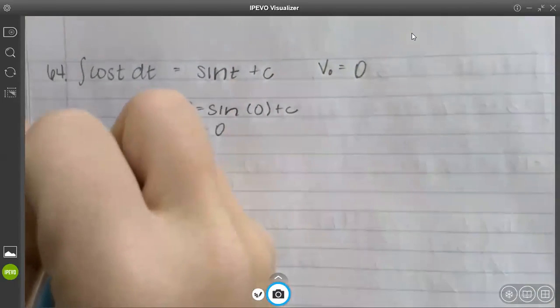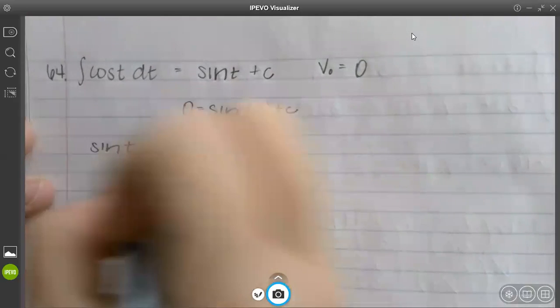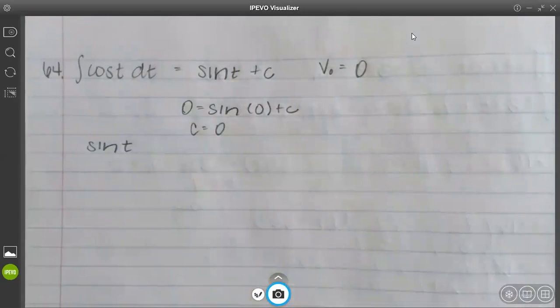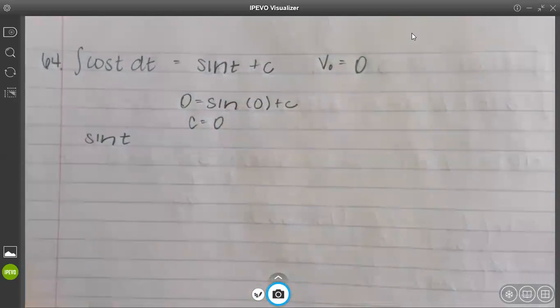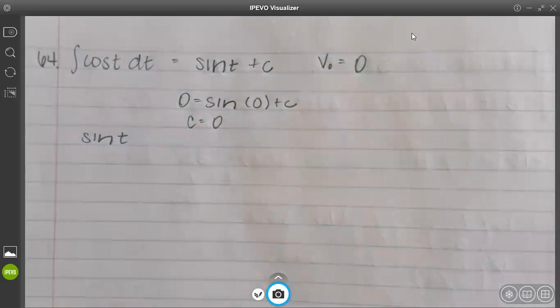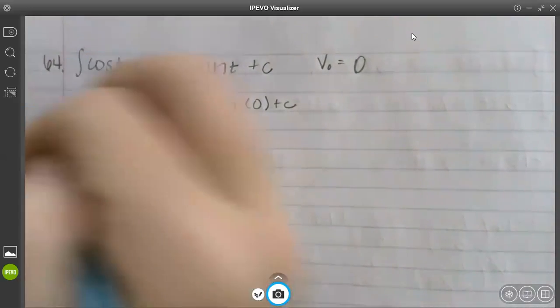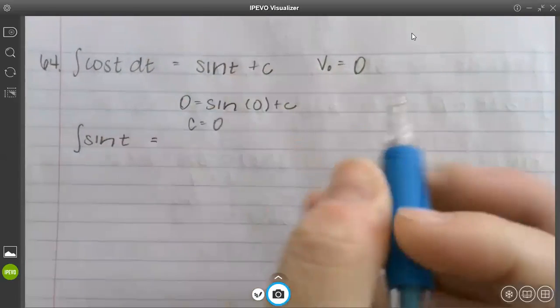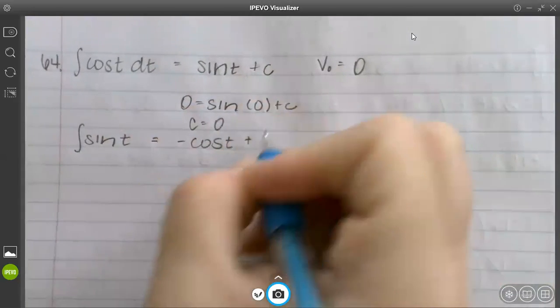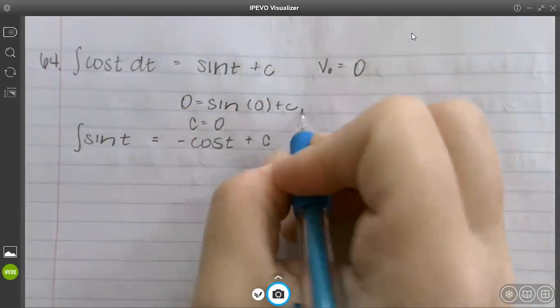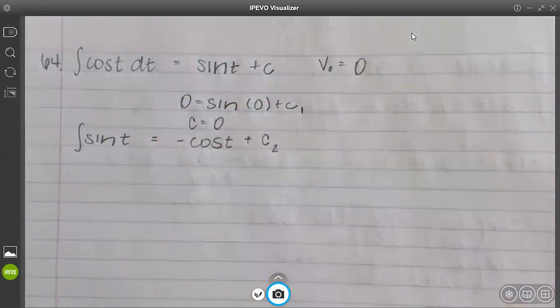So our actual function for this is just sine T. We don't have to put the plus 0 on there. What do I do to sine T? Integrate it. What do you get when you integrate it? Plus C. Yeah, this is 1, this is 2. If you guys want to start doing that, that's perfectly fine.